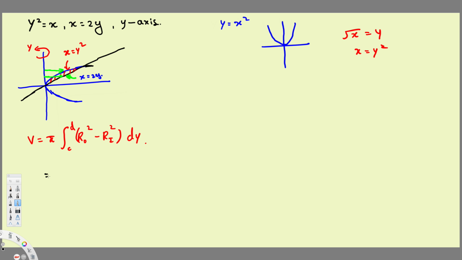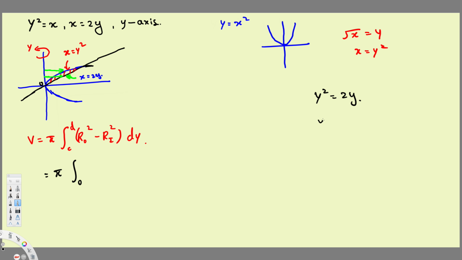So let's plug the values right here, pi, and we have to know the limits of integration. We know this is starting from 0, but we have to know the other limit in the y direction. To find the limits in the y direction, we have to equate both of the equations. So here we equate y squared equals 2y.